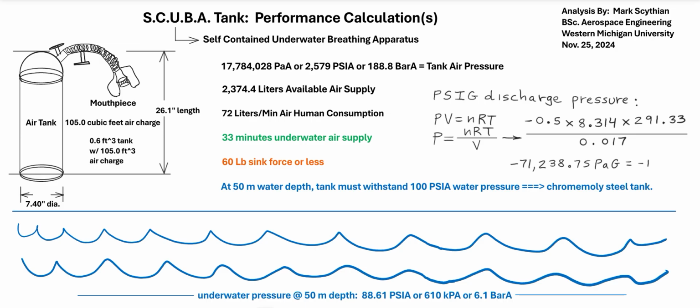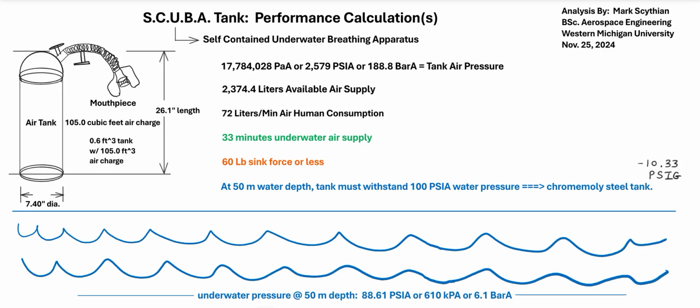So we have a decrease in pressure, a gauge pressure actually, of negative 71.2 kilopascals, for which we convert then into PSI as an absolute value. So the approximate PSI at the regulator is about 10 PSI G, or 10 1/3 PSI gauge pressure.